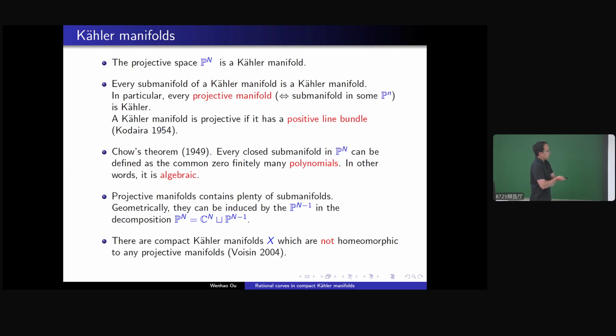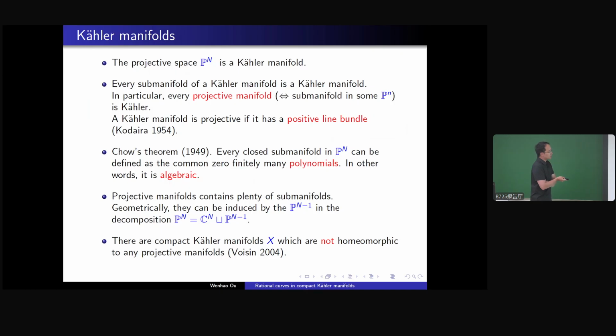There is also a very special property for projective manifolds: they contain plenty of submanifolds. For example, we can visualize this by the following argument. A projective manifold can be embedded in Pn. But we know that Pn is the disjoint union of Cn and a copy of Pn minus 1. So we can cut our submanifold by this Pn minus 1.